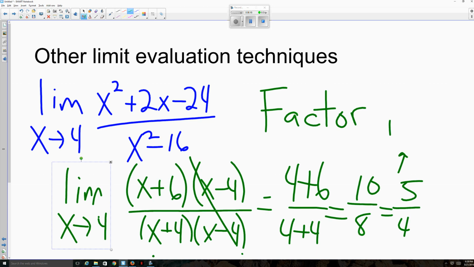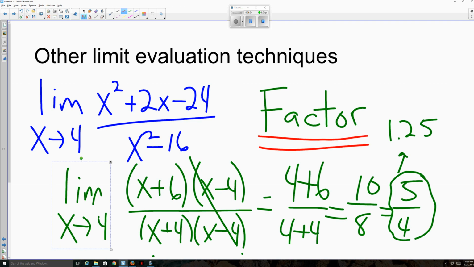And for you intelligent calculus students, that's that y value of 1.25 that we just got. That's a very, very, very common evaluation technique. For limits, we are going to factor. Okay, so sometimes when we have that indeterminate form, we can factor and we'll find our limit.